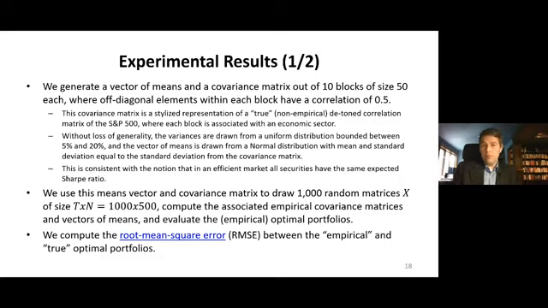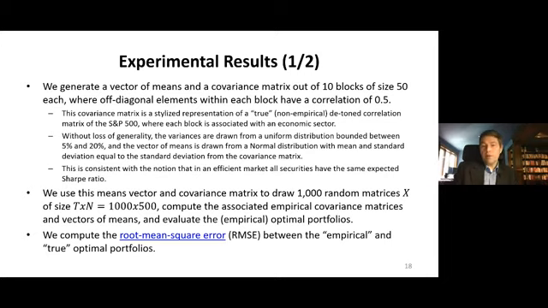One potential Monte Carlo experiment would be the following. We generate a vector of means and covariance matrix, or we take a vector of means and covariance matrix from the market, and given that vector, whether it is synthetic or an observed one, we can perturb it, right? We can sample observations from this distribution, and for every time that we sample an entire X matrix from that distribution, we can compute a correlation matrix and optimize.